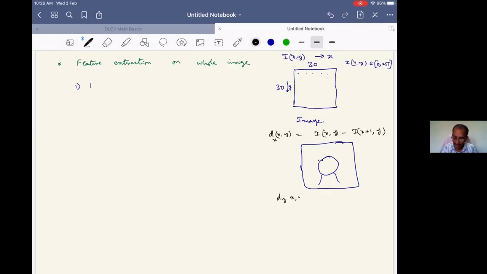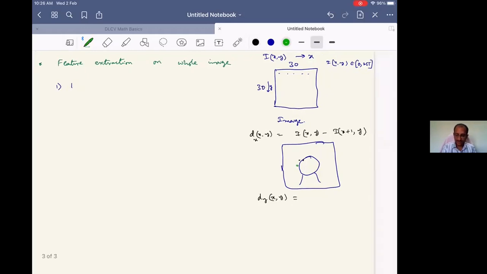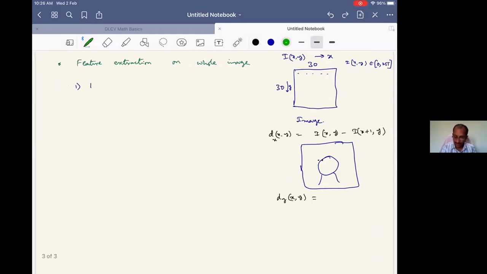Please note that all operations we are doing here are on 2 dimensions. It is not a 1-dimensional signal or sequence as conventionally known. Whatever operation you do along x, a similar operation you have to do along y as well, so along y also we perform the same. Assume I of x comma y minus I of x comma y plus 1, or y minus 1. It is up to us how exactly we write, x plus 1 or x minus 1.